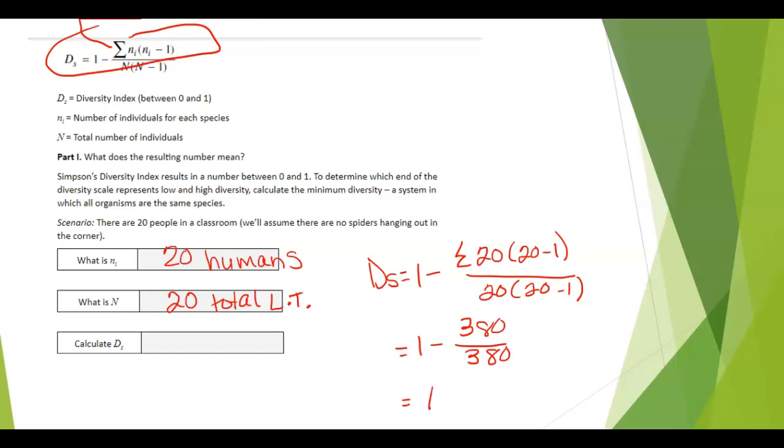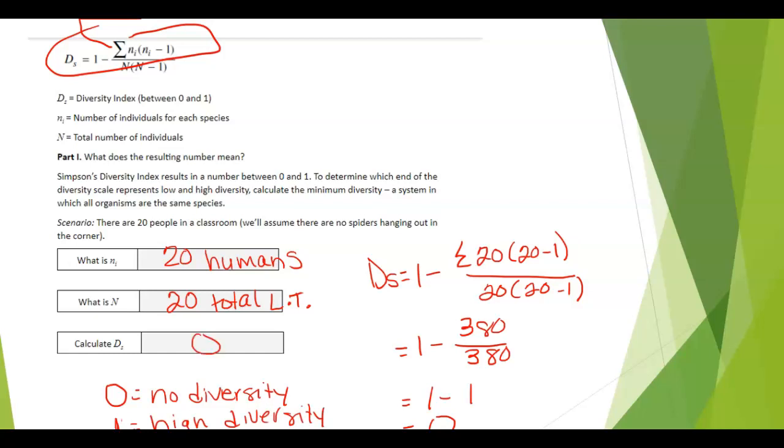So that equals 1 minus 1, which equals 0. This number makes sense because in this classroom there is only one species of living things. A number closer to 0 means no diversity. If we have a number closer to 1, that means we have high diversity. So we want environments to be as close to 1 as possible to show how healthy they can be.